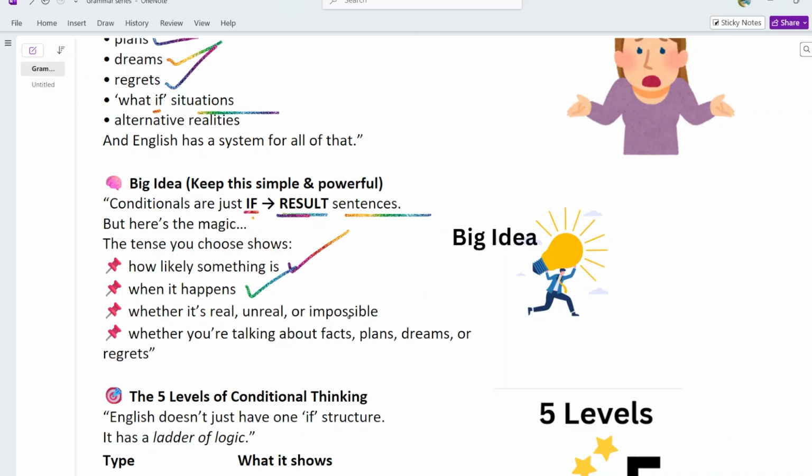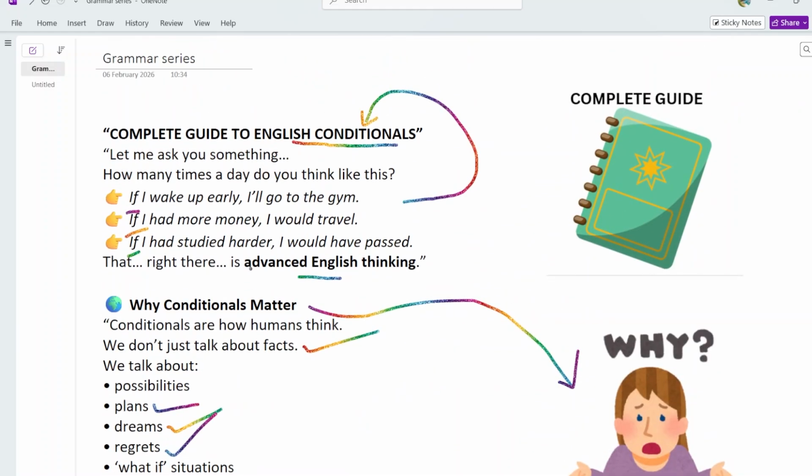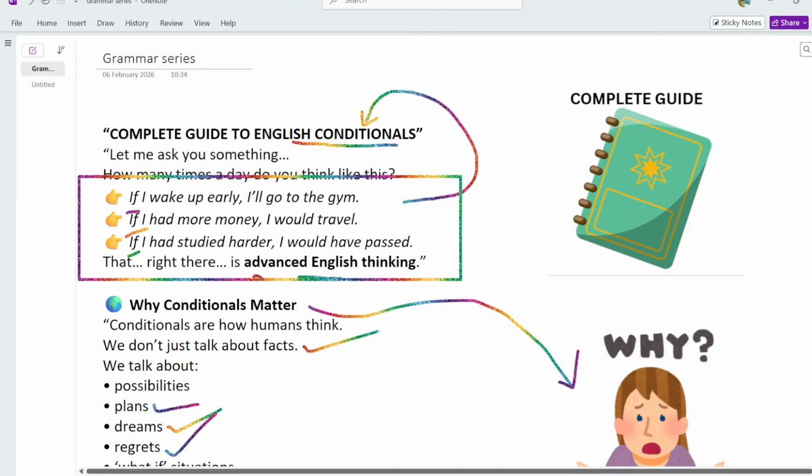Whether it is real, unreal, or impossible, whether you're talking about facts, plans, dreams, or regrets, you can use these sentences in a certain format in order to sound what? Advanced. It's definitely an advanced grammar topic.